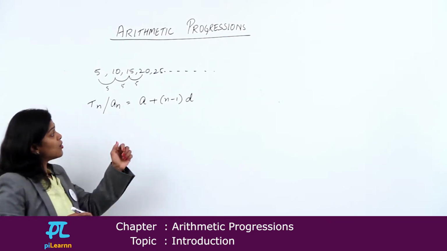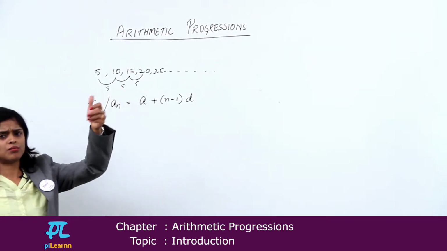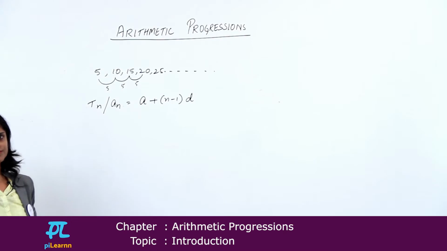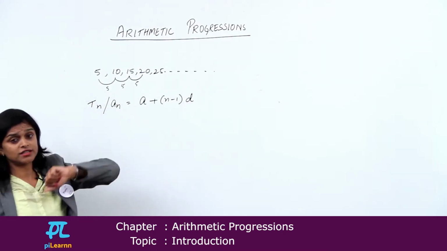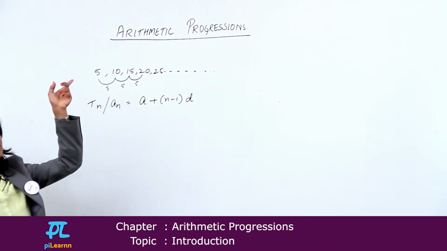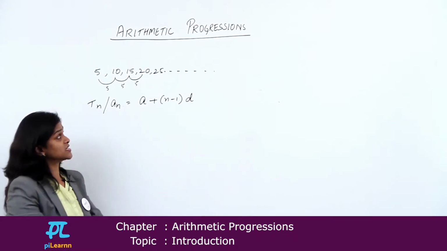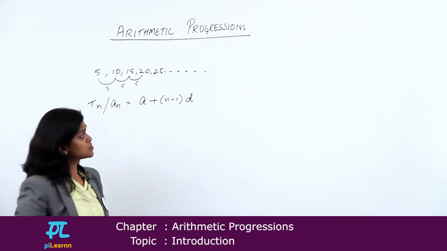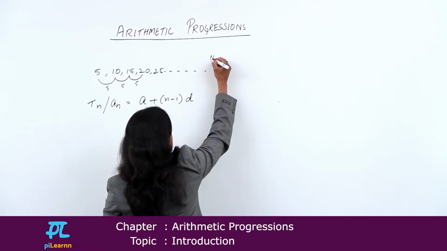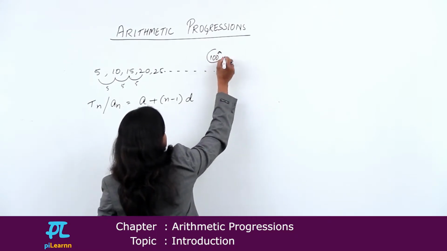Now think that this is the amount your father is giving you. First day 5 rupees, next day 10 rupees, next day 15 rupees, and so on. We will find out what he will give on the 100th day.